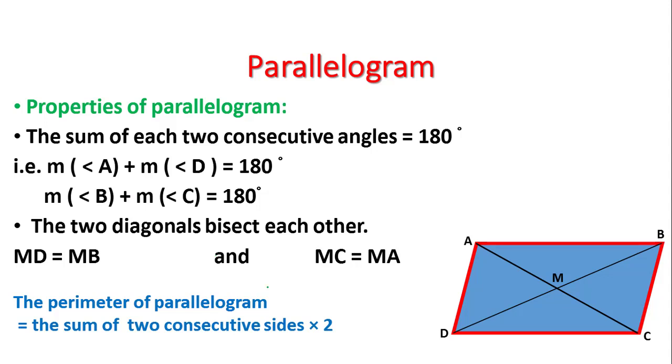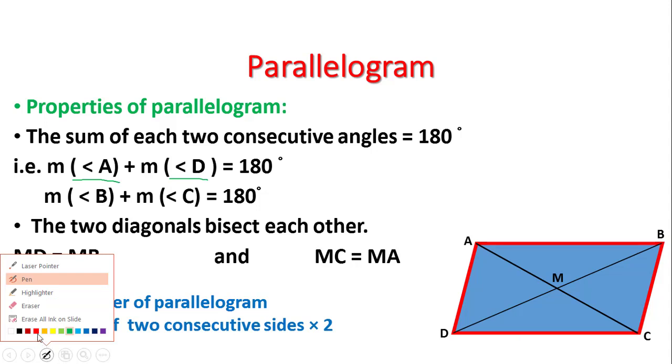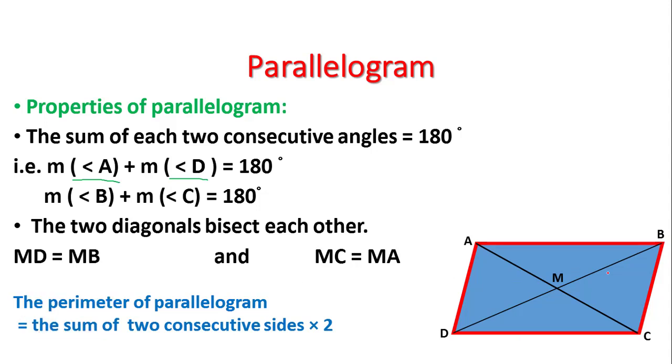For example, angle A and angle D are two consecutive angles, also B with C, A with B. So the measure of angle A plus the measure of angle D is 180. Also the measure of angle B plus the measure of angle C is 180.